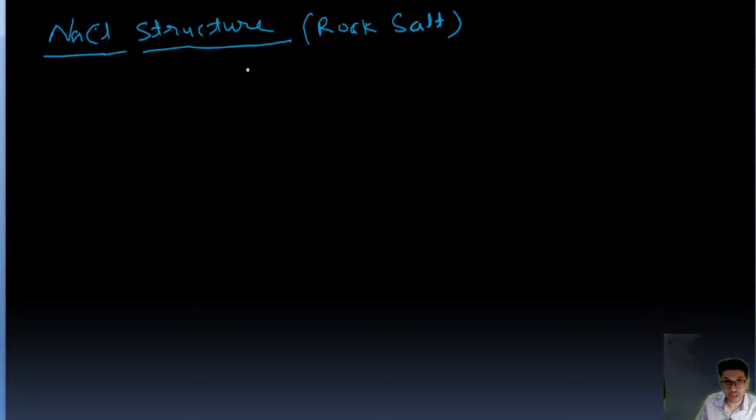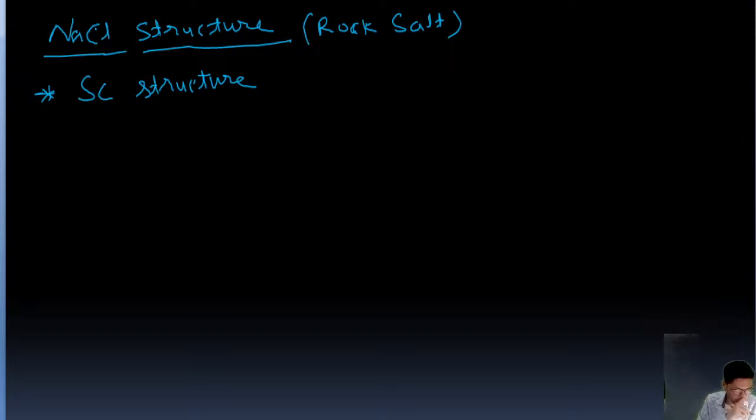So it has simple cubic structure, okay. SC structure means simple cubic structure, okay.